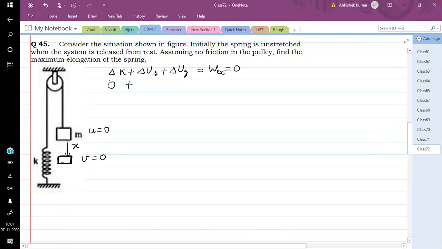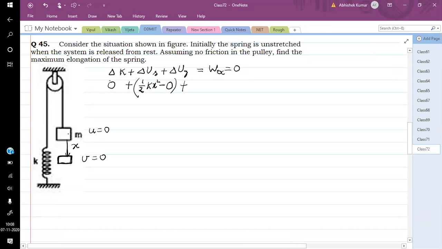Then spring potential energy. So initially the spring is relaxed, and finally suppose it is going down by x, so spring will stretch by x. So half k x square minus 0. Okay, then gravitational potential energy.